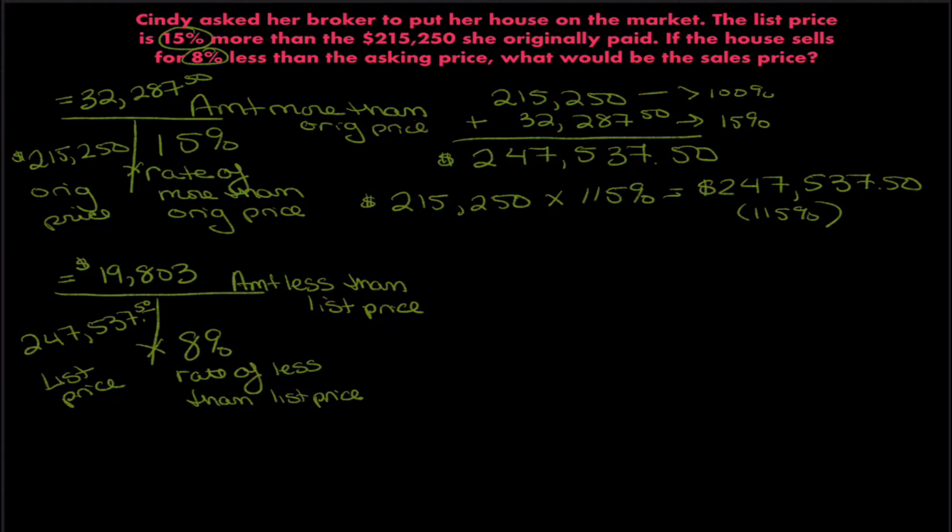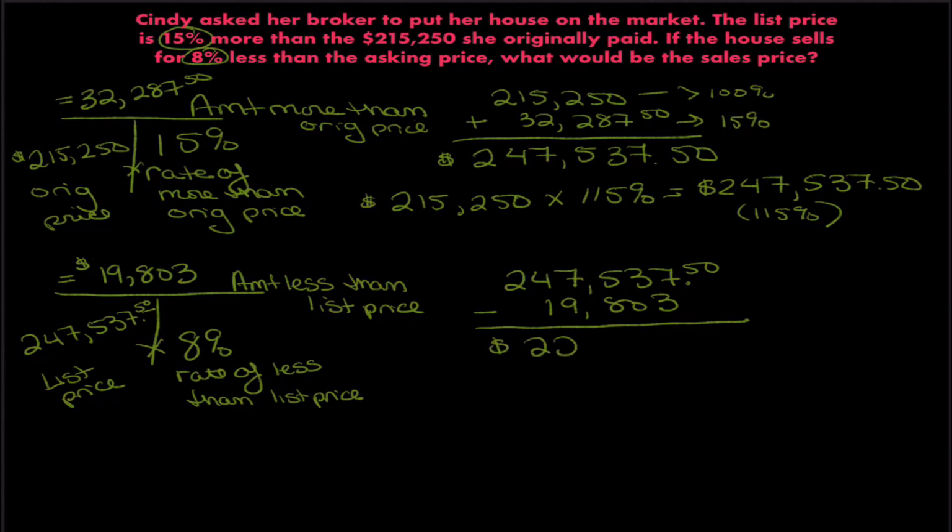So if we say $247,537.50, subtract $19,803, we will find out that the house actually sold for $227,734.50. That is what it's going to sell for, or it will be sold for.